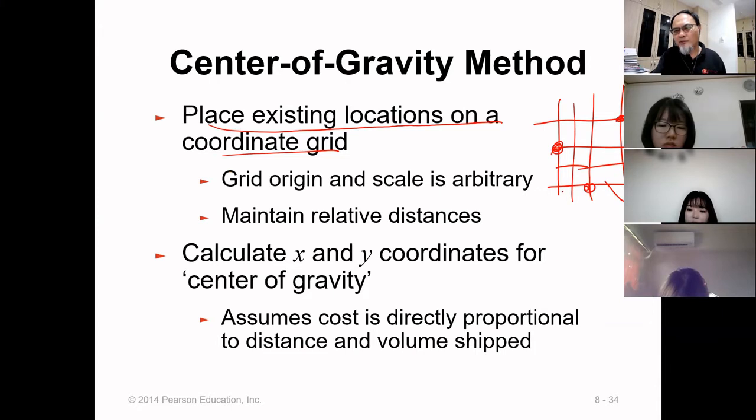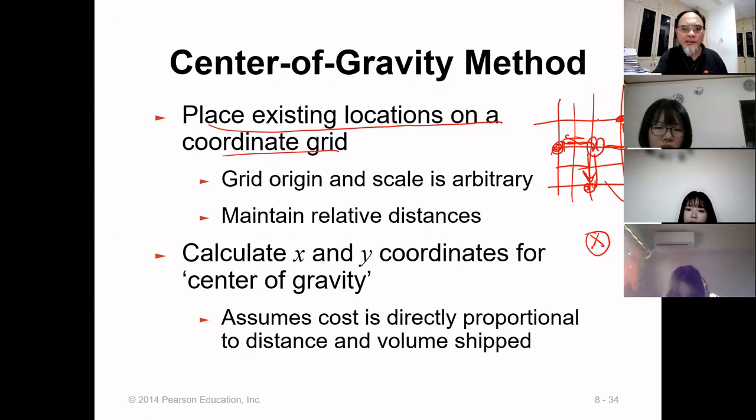So I want to find the new facilities that will minimize the total cost. For example, if the facilities are here, they will minimize the movement from here to here, from here to here. So right there is the center that you are going to determine.